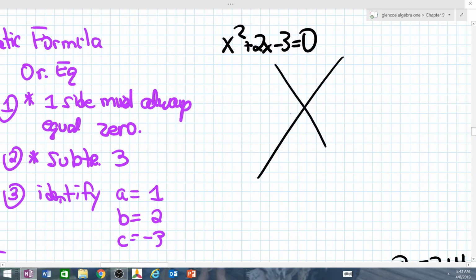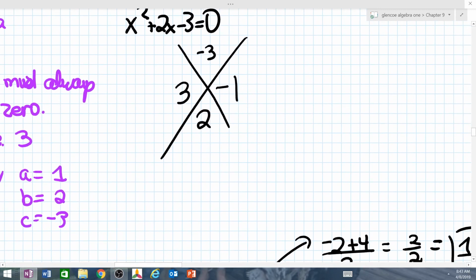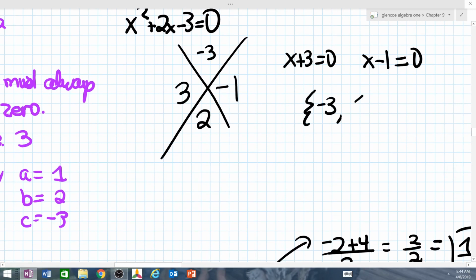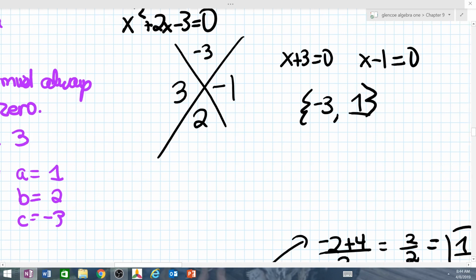So I would say, what multiplies to negative 3 and adds to 2? 3 and negative 1. Okay, and then when you zipper it, you know that your set builders will be the opposite, negative 3, positive 1. Is that what we got? It is.